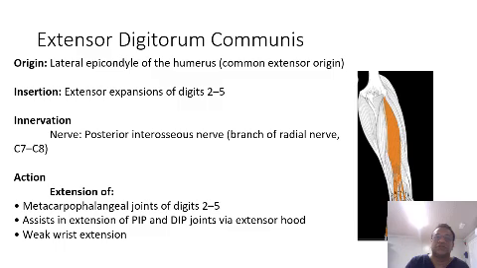The EDC tendon is clinically important again, as we can use this tendon for reconstructive surgeries, especially in conditions like radial nerve palsy. To restore the extensor mechanism, we can use EDC for tendon transfer procedures.